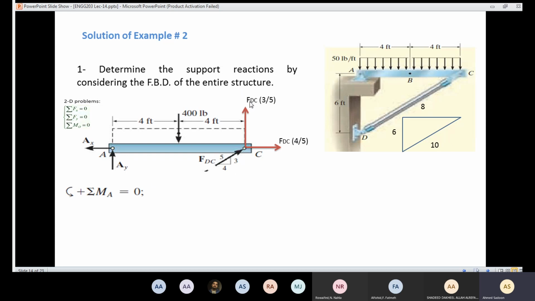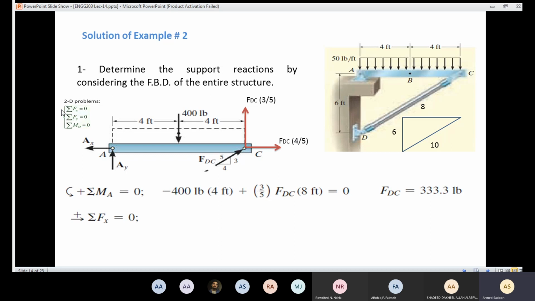The direction of that one is going to be negative and the direction of the other is going to be positive. So I have minus 400 times 4 plus FDC times 3 over 5 times 8. Now I have one equation and one unknown, so easily I can solve for FDC. FDC came out to be 333.3 pounds.